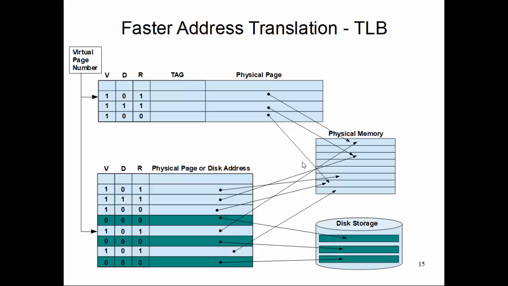That means the processor is issuing a virtual memory address to be accessed, which first needs to get translated to the physical address, and then the corresponding cache needs to be accessed to see if that data is present in the cache.